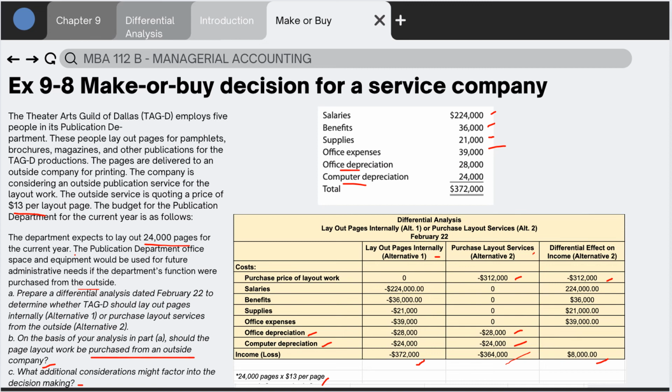Also, if it's going to be purchased outside of the company, the quality of the layouts will not be controlled compared to having it internally, where the entire department and the 5 employees will have total control of the quality and make sure that it is within the company's preferences.